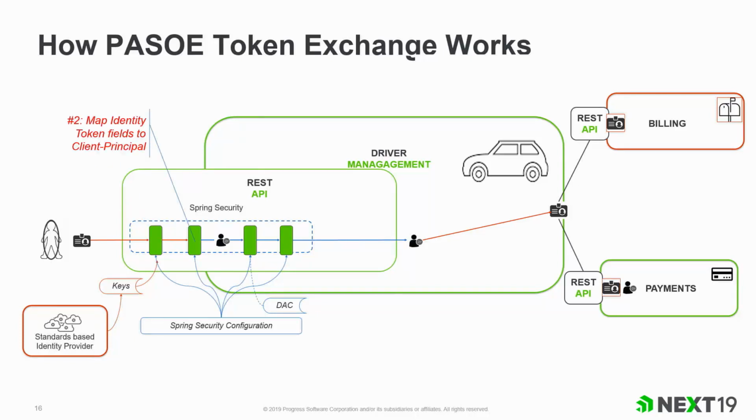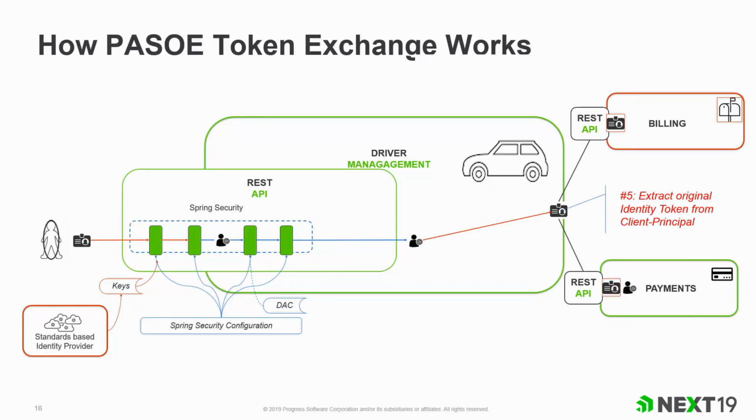Then we would map the validated identity token to client principal attributes. We then use the multi-tenancy domain access registry to seal that client principal, and we would pass that client principal on to the REST APIs in the HTTP request header. You can use the token to implement role-based URL access controls against the URIs of the REST services.